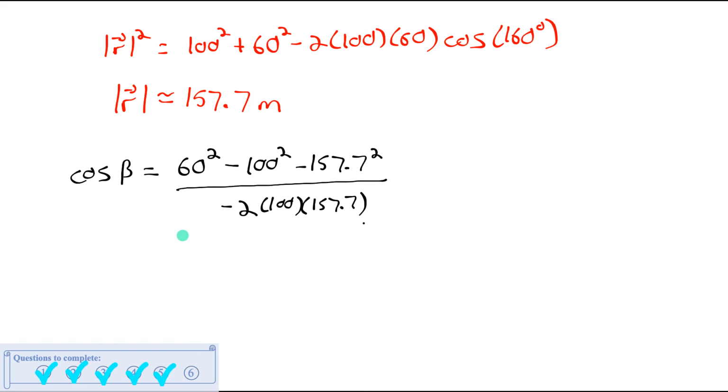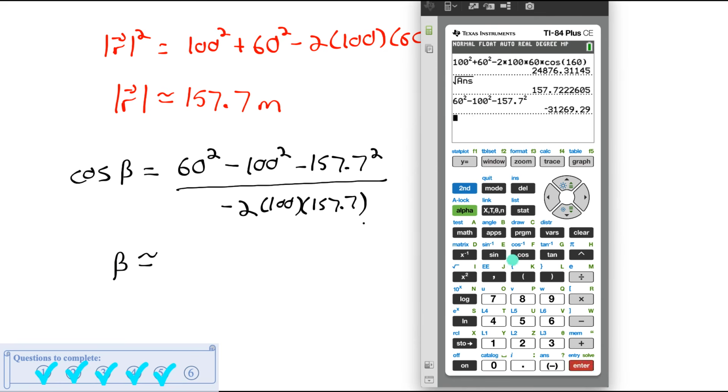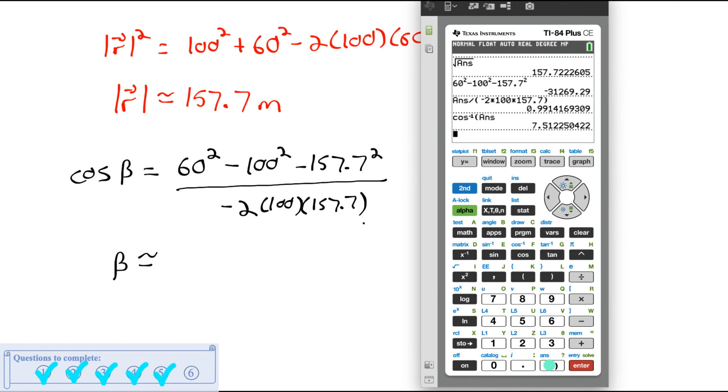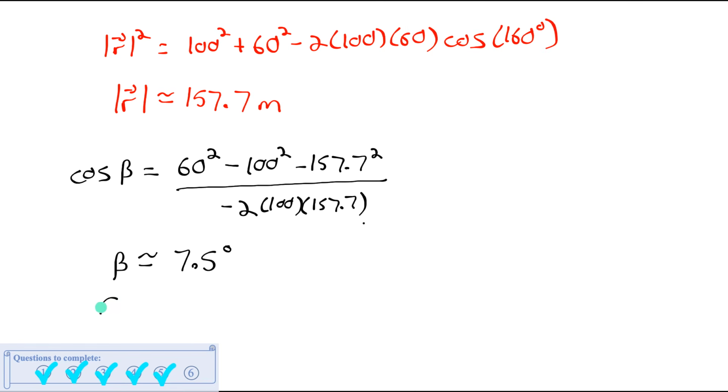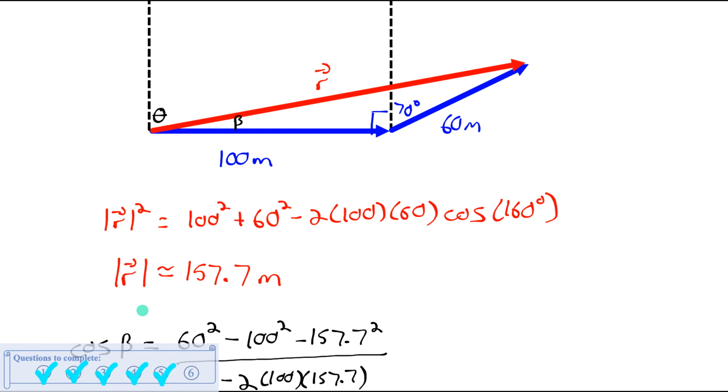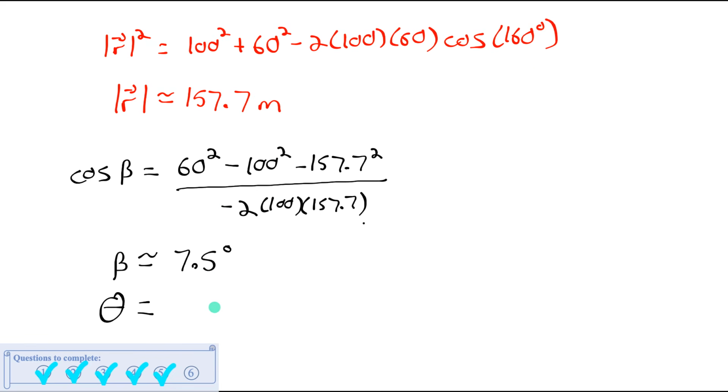Evaluate that ratio, do inverse cos of it, and we'll get beta. I get about 7.5 degrees. And remember, theta would equal 90 minus beta, because the two of those angles are complementary. They form 90 degrees. So theta equals 90 minus 7.5, so we have 82.5 degrees.